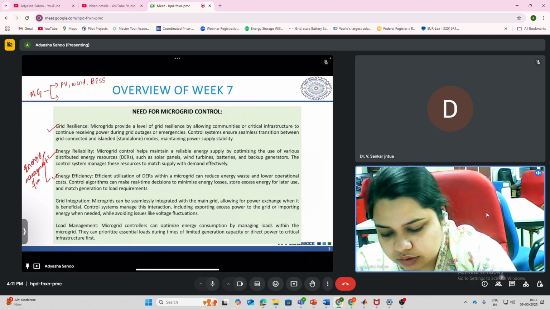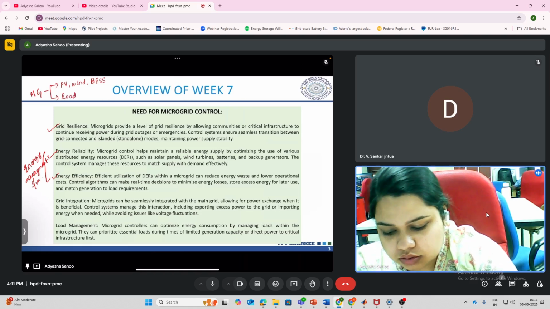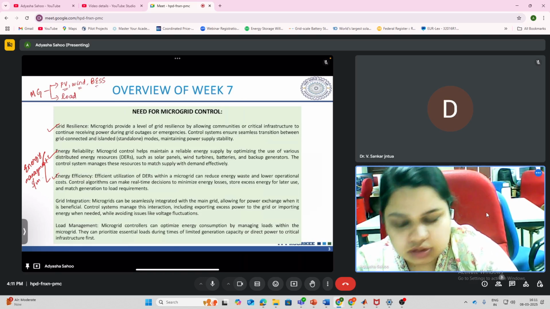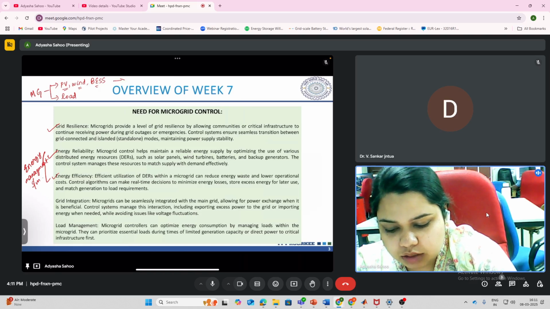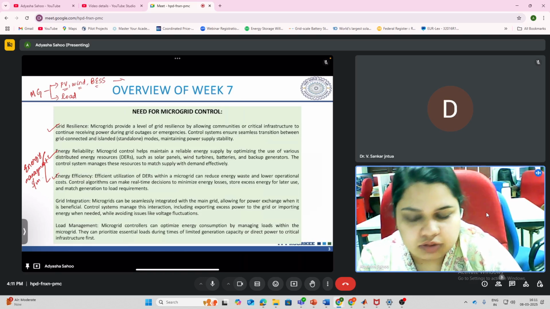And then you will have a load which you need to continuously supply. These are all intermittent resources, so depending upon the solar irradiance, the wind speed and the SOC of the battery, there will be different operating modes of the microgrid.